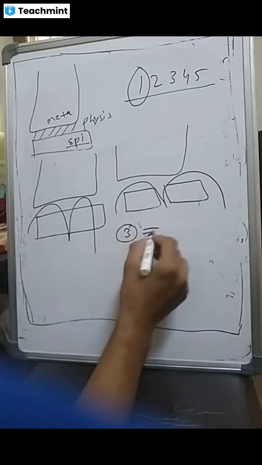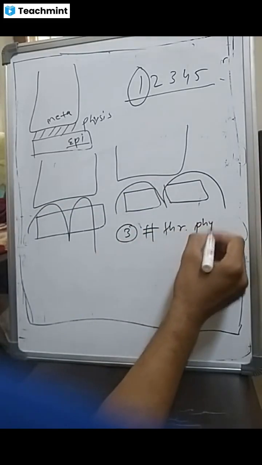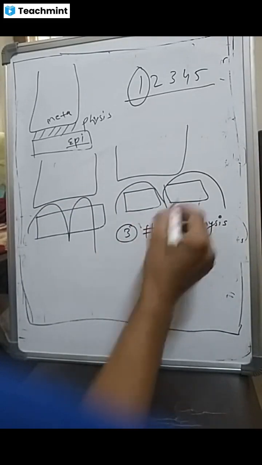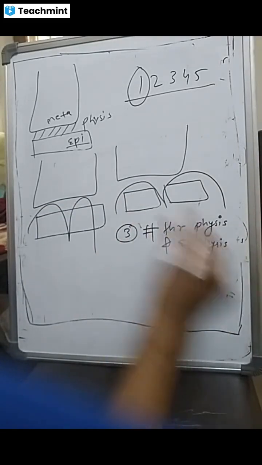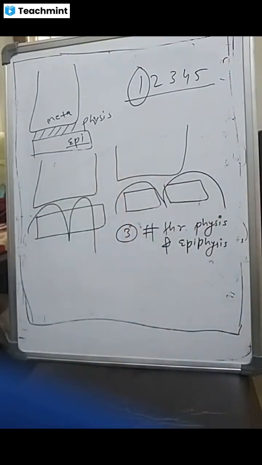So type 3 is through the growth plate, that is the physis, and through the epiphysis. The metaphysis is not involved.